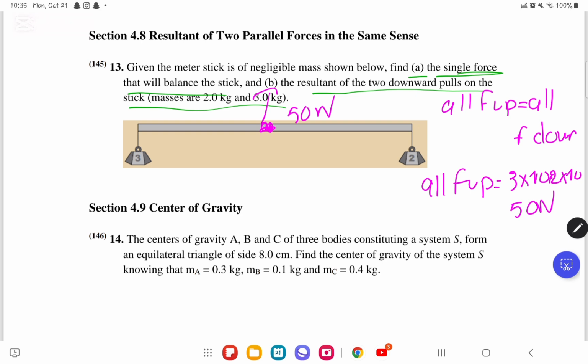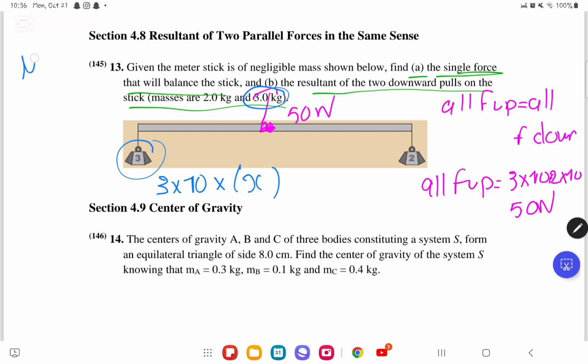Now, they didn't ask us about where the center of gravity would be, but I would like to apply it. Whenever we have something like this, we take any random one, for example 3 kg. We're going to find the center of gravity from the 3 kg weight. So we're going to do 3 kg times 10, because we need it to become a force, times the distance, which we need to find, which we will call x.